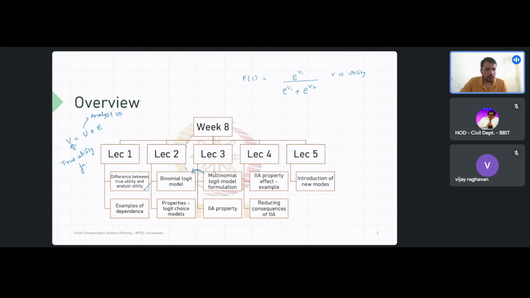For that, we introduce new modes, and we can incorporate them using the nested logit model. For reducing the effect of IIA and for incorporating new modes, we can use the nested logit model. So this was the broad overview for week 8.